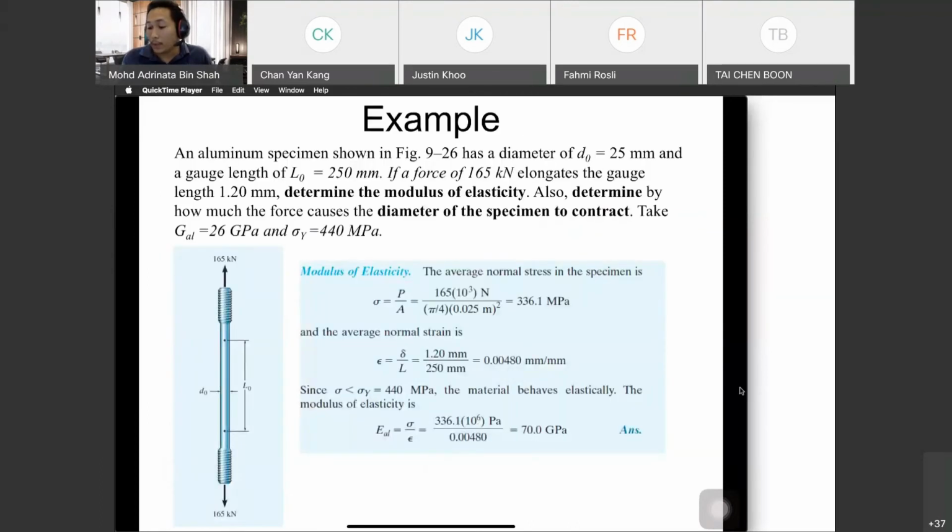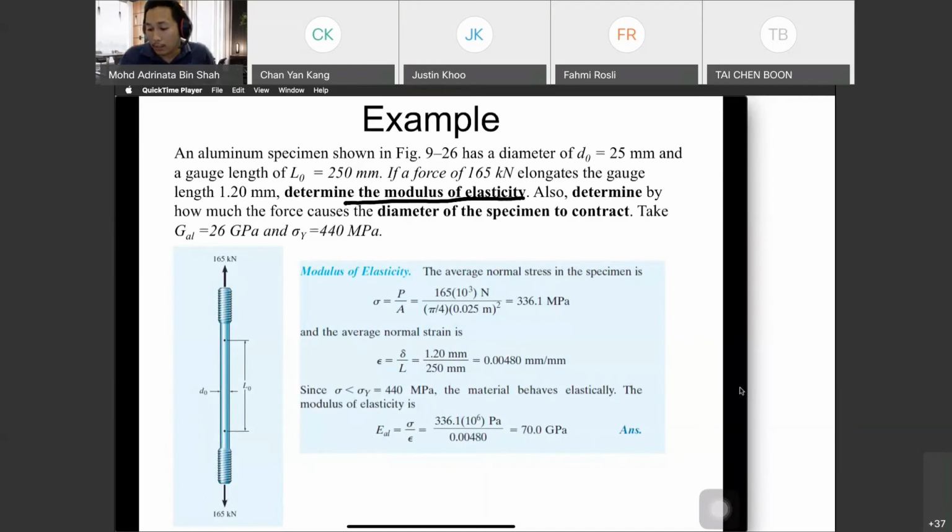So this is an example. Determine the modulus of elasticity, which is E, Young's modulus. Also determine how much the force caused the diameter of the specimen to contract.